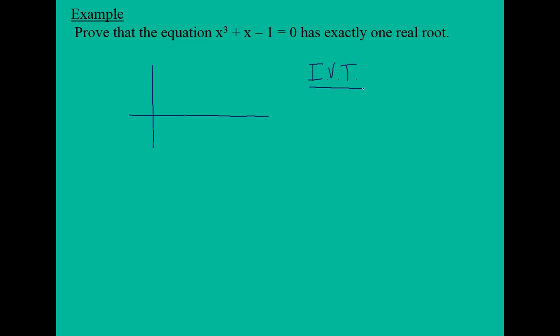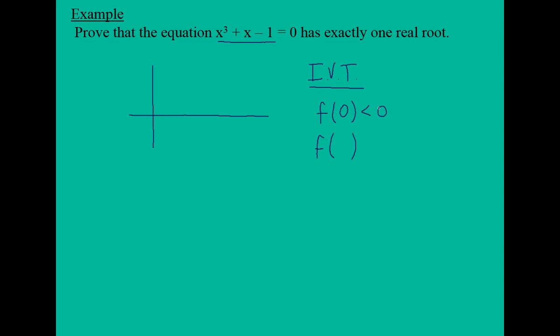To use the intermediate value theorem, we need to be working with a continuous function. This is a continuous function. So we would have to show some value is below the x-axis and then some value is above the x-axis. So if I choose 0 and plug that into the function, I can see I get a negative value.